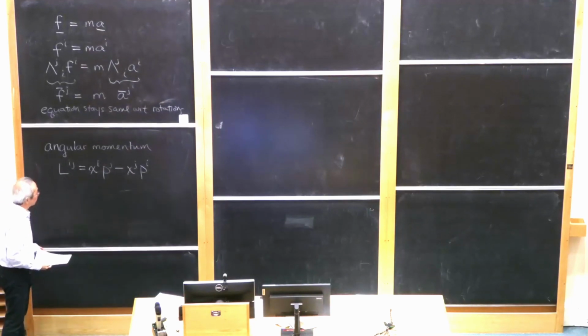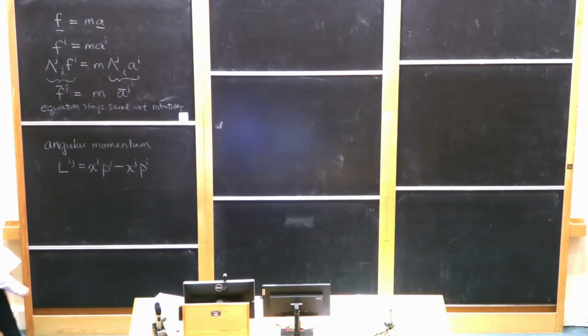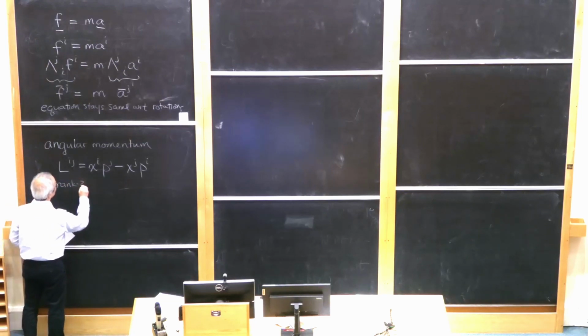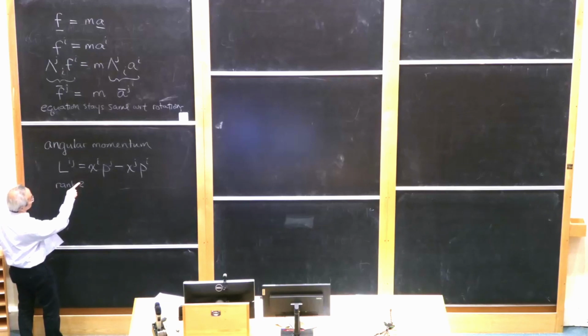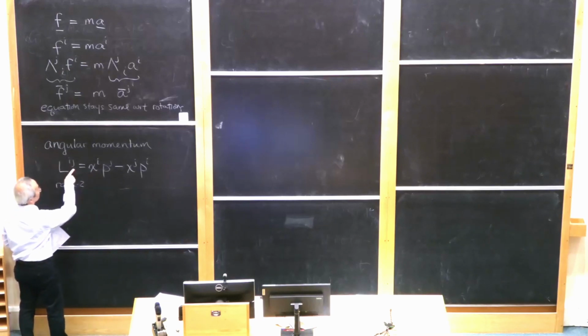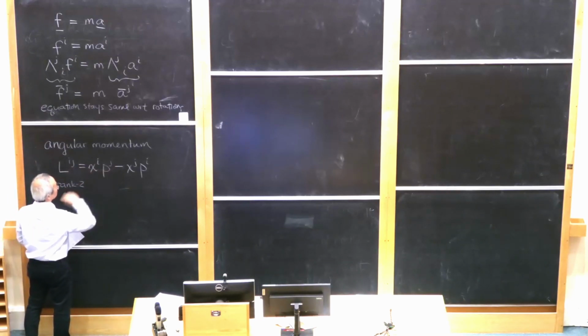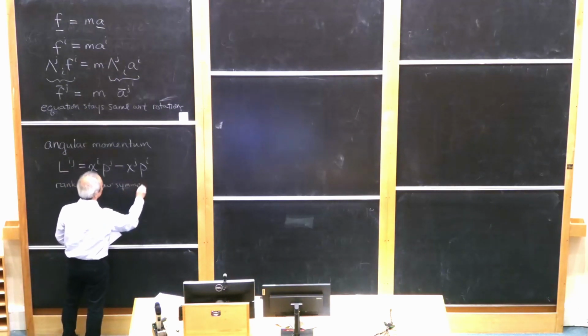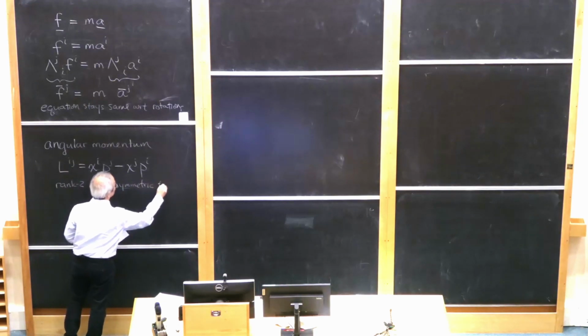This is obviously a rank 2 tensor. In particular, if you swap the i and j indices, you pick up a minus sign, so this is a rank 2 skew-symmetric tensor.